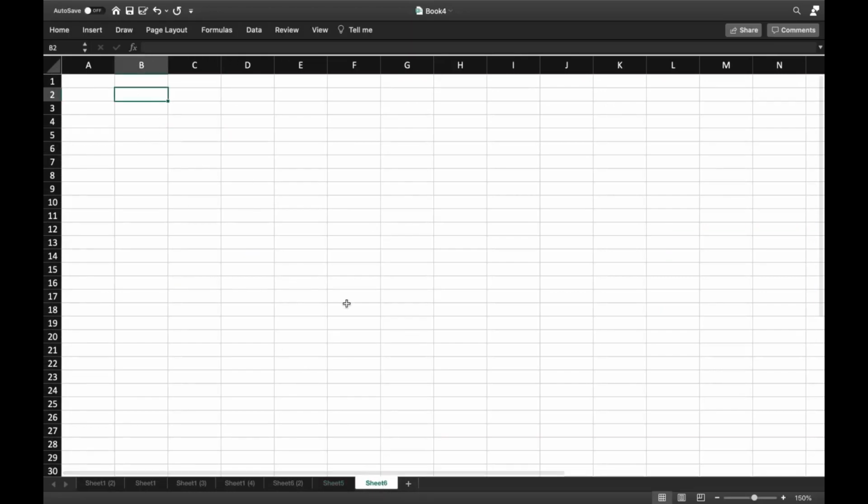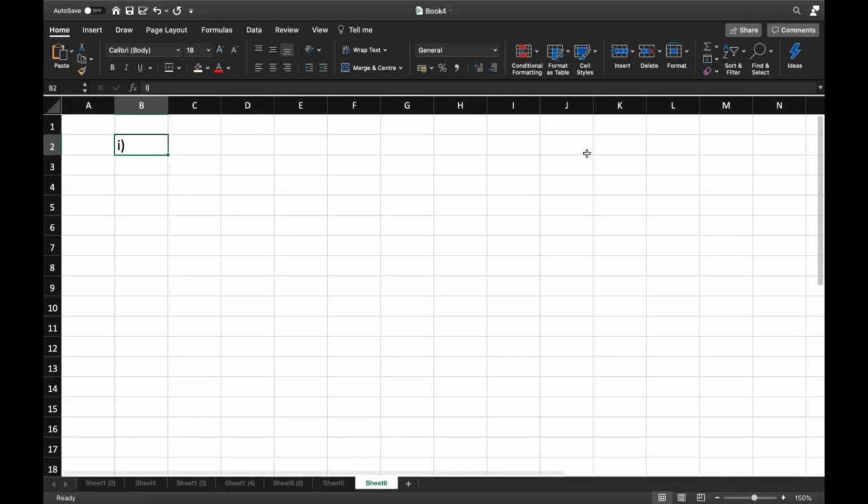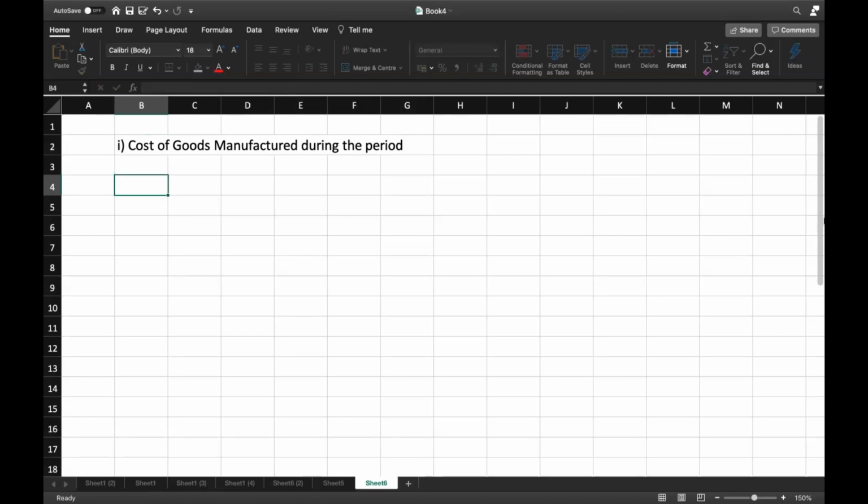Let's have item number 1. Here we'll have the formula for cost of goods manufactured during the period. And what is the formula? Total manufacturing cost plus opening work in progress minus closing work in progress.